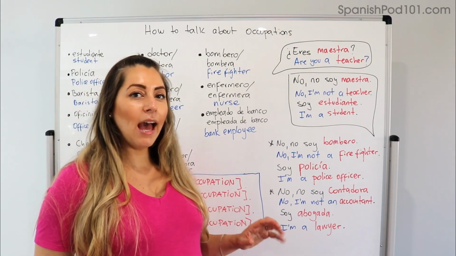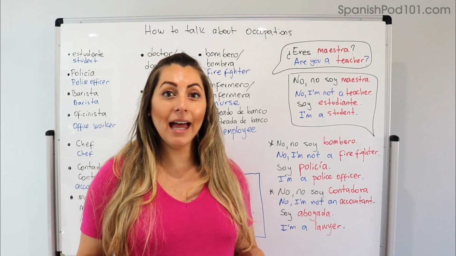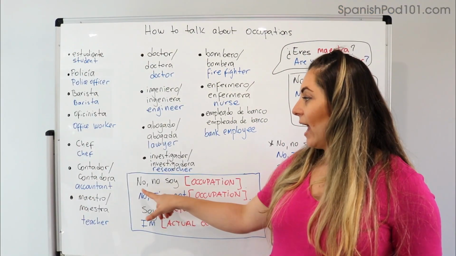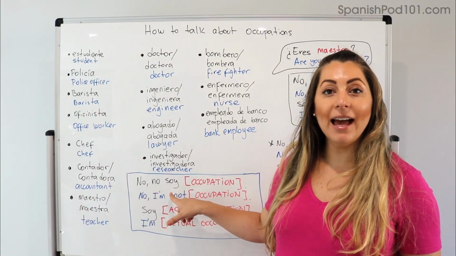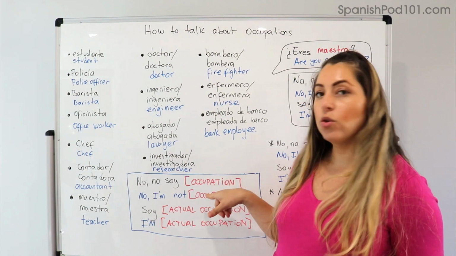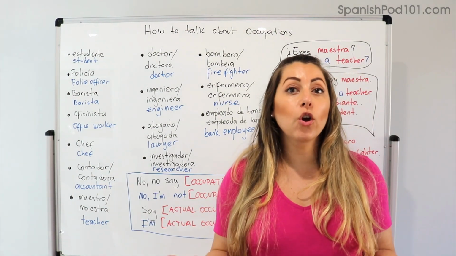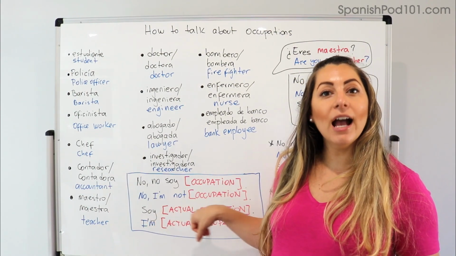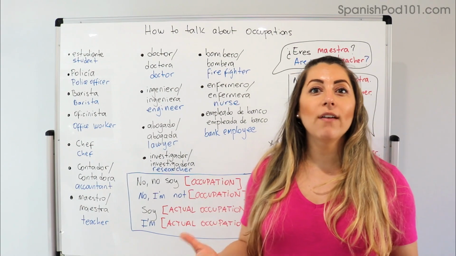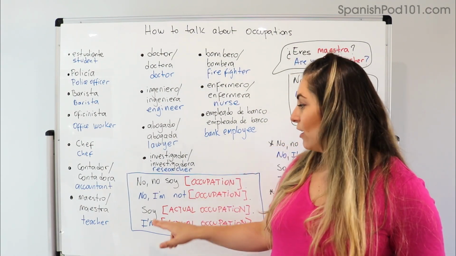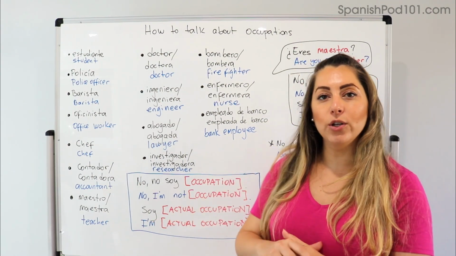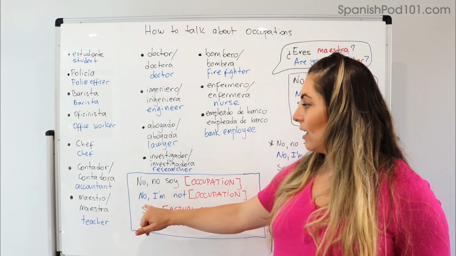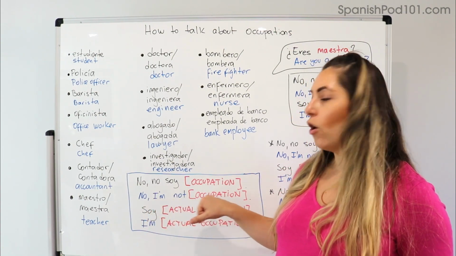As you can see, we have two structures for replying to this question, eres plus the occupation. We're going to say no, no soy plus the occupation when that's not your occupation. And then we're going to say soy and then your actual occupation to describe what you do for a living. Look at the literal translation in this chart. I'm saying, no, I'm not occupation.